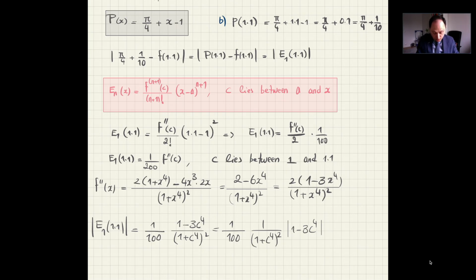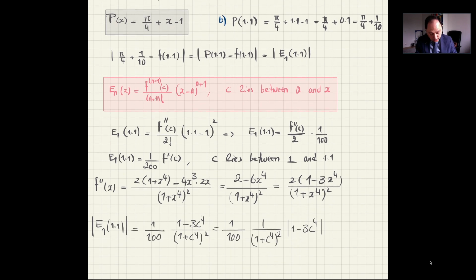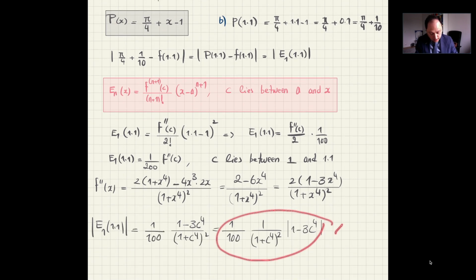So what we can do, I want to show that definitely this number is less than 1 over 50. And what I know about C, I know that C lies somewhere between 1 and 1.1. So I hope that you agree with me, this one is smaller than 4. Do you agree? Because C is greater than 1. It is between 1 and 1.1, so 1 plus c to the power of 4 becomes greater than 2.